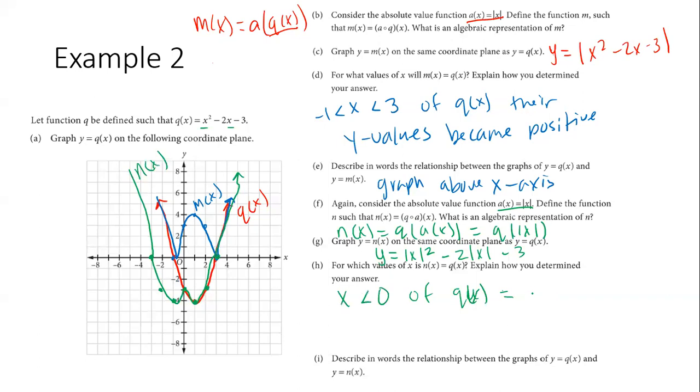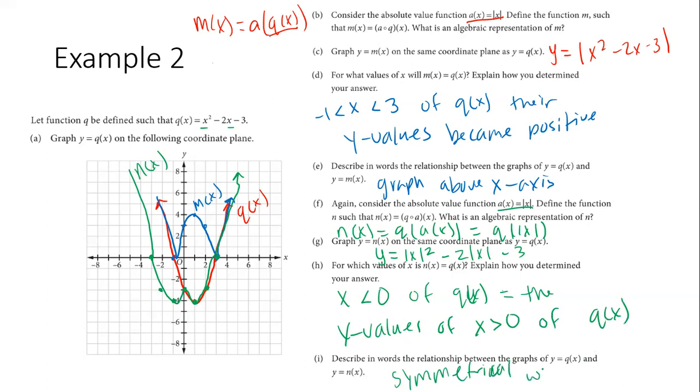Equal y values of x values greater than 0 of q of x. Okay? And our relationship here is visually symmetrical with the, I don't know if I spelled symmetrical right. Symmetrical with y-axis.